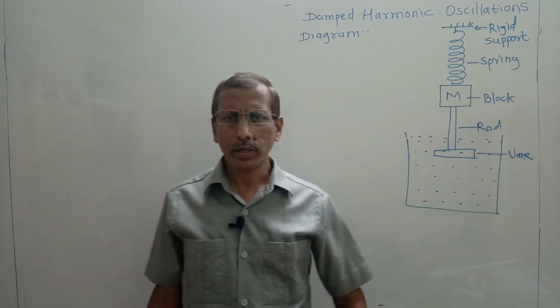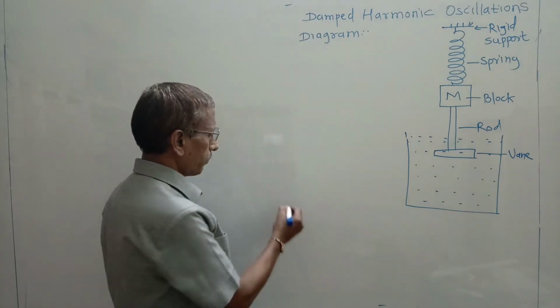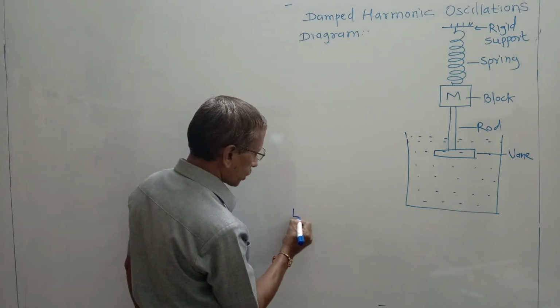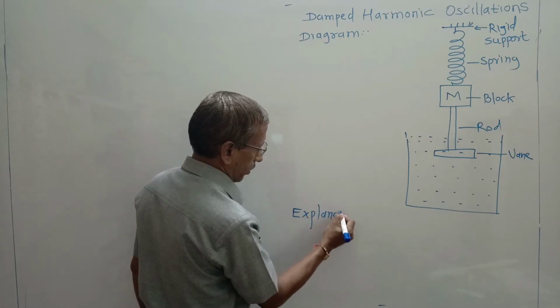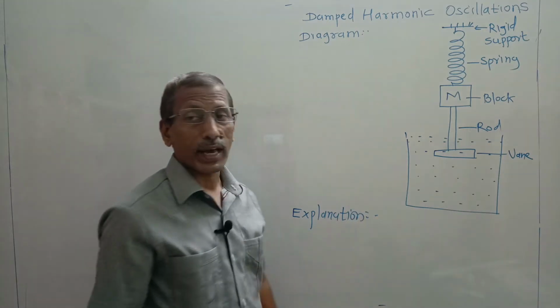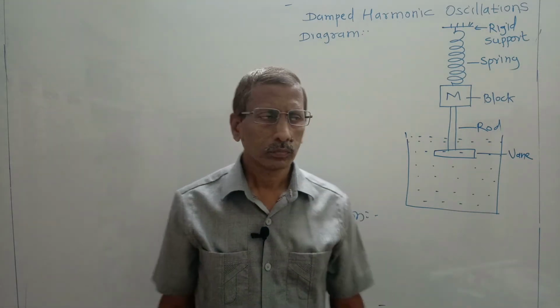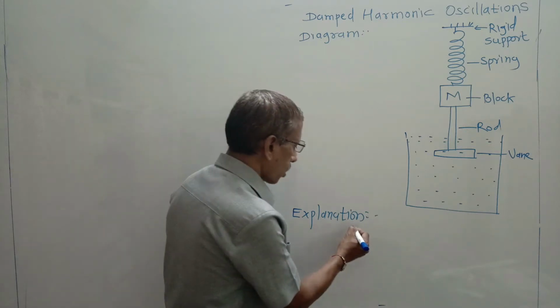Now we have to write about the explanation, the diagram, and we have to explain the experimental arrangement. So let us consider a block.